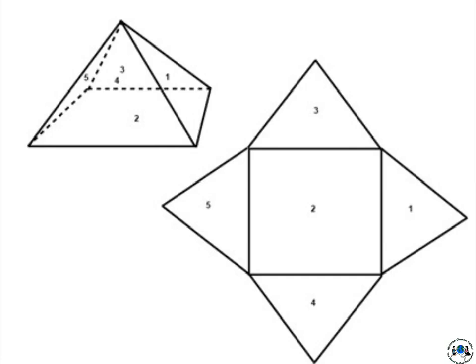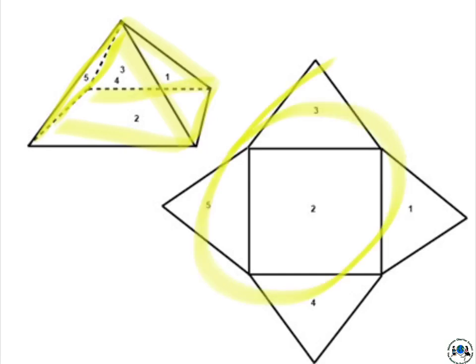Some very important points. If you look at the pyramid that's been built here from this net, or if you take a look at yours, maybe tape the sides so it stays upright, okay?